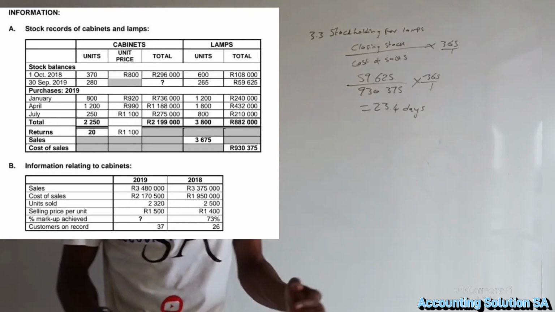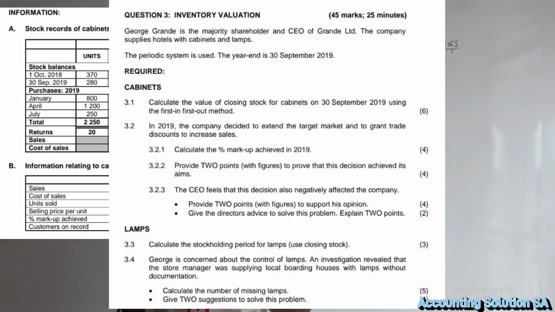Okay, 3.4. They said George is concerned about the control of lamp. An investigation revealed that the store manager was supplying a local boarding house with lamp without documentation.